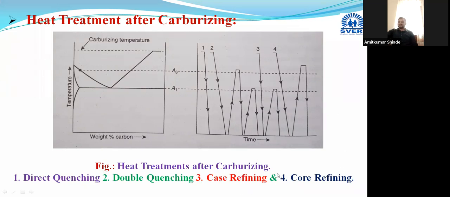In these four ways, we can do the heat treatment after carburizing, and it is very necessary to get the hard and wear resistant surface, where carbon is present in the form of martensite, and exactly at the core, toughness should be there so that it can withstand high loading conditions.